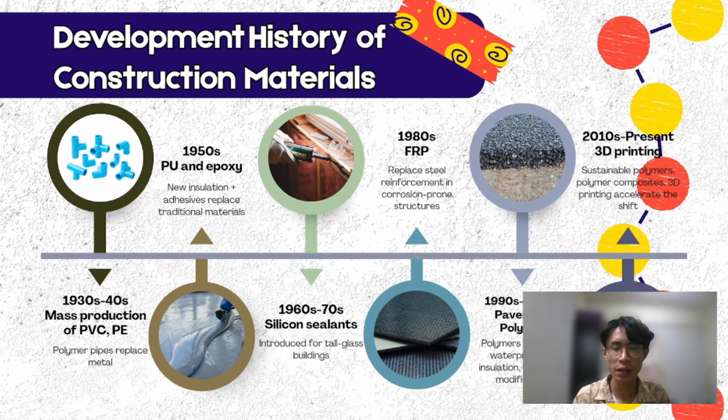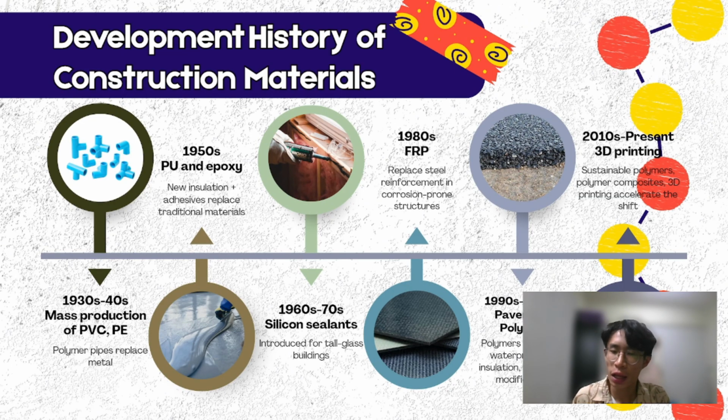During the 1960s to 70s, silicone sealants were introduced for tall glass buildings for waterproofing purposes. In the 1980s, a new type of polymer-based material was introduced, which is FRP. This polymer is used to replace the steel reinforcement in corrosion-prone structures.